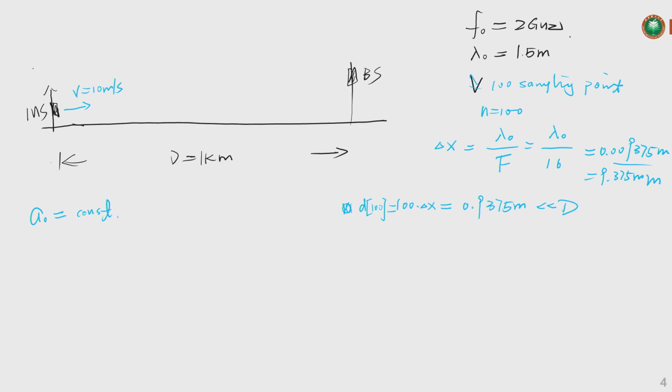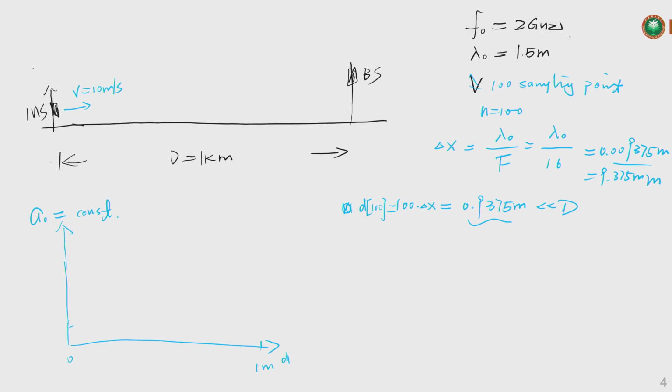If we want to plot this, this is the distance d, and its maximum is about 1 meter because it's only 0.9 meters. As for the phase, the absolute phase of the complex envelope starts from 0.